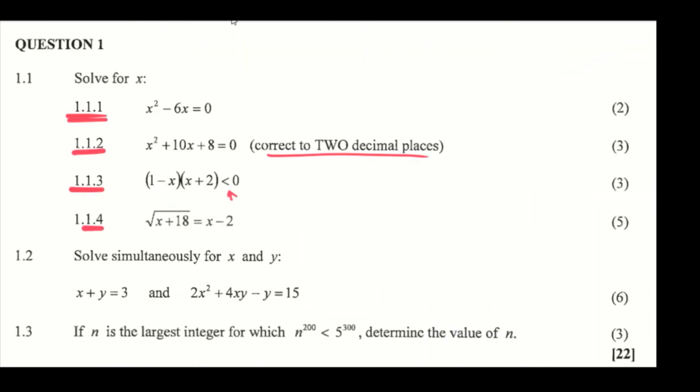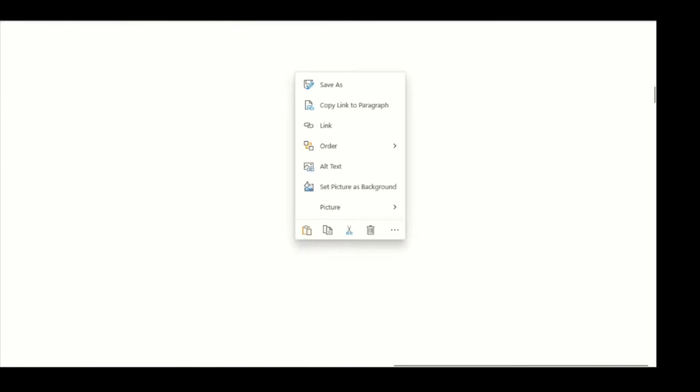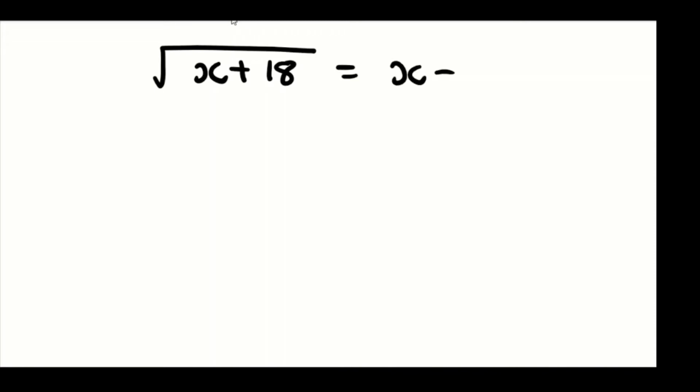We're going to do 1.1.4, where we're going to solve this surd form of equation. So we have the square root of x plus 18 being equal to x minus 2.